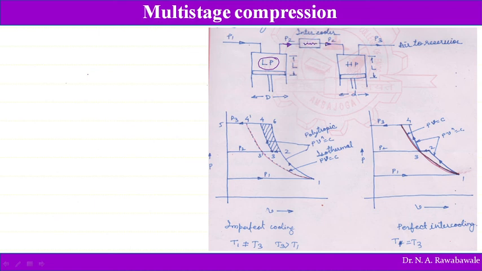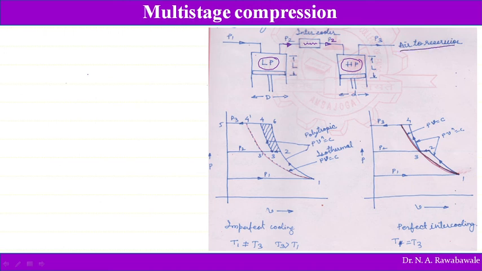Again, the air coming out from the intercooler at pressure P2 is passed into the high pressure cylinder. The stroke length is the same as that of the LP cylinder, but the diameter of the LP cylinder is larger, whereas the diameter of the HP cylinder is less, because the volume of air is reduced. The same volume has to be occupied in this HP cylinder. Again, air is compressed and then delivered to the receiver.